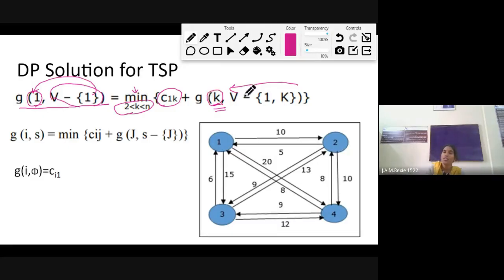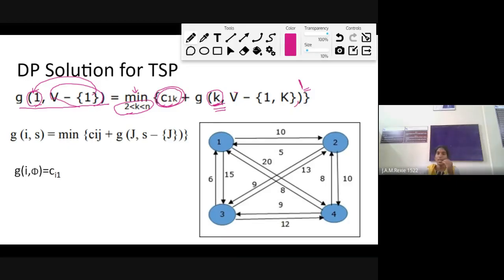Okay. So this is again having the destination as 1. Through V minus 1 comma k, to reach 1 from k, what is the least cost? With that, I need to add the cost of 1 to k. That is what the meaning of the formula is.